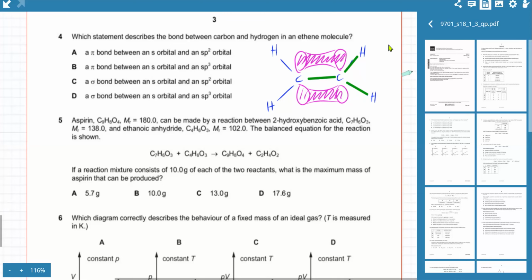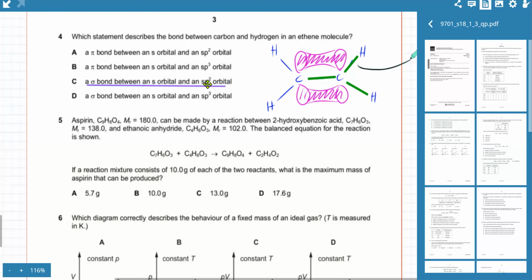So he's saying which describes the bonding in carbon and hydrogen in ethene molecule. So it's sp2 hybrid orbitals. So it's either A or C, and it's going to be a sigma bond actually, because he's asking for the bonding between the carbon and hydrogen atoms.